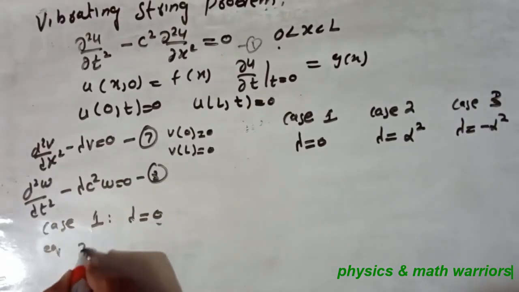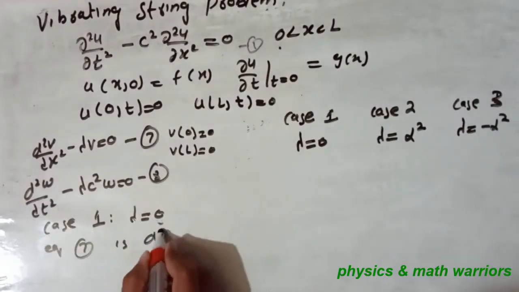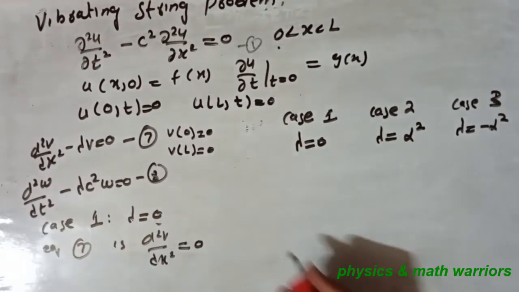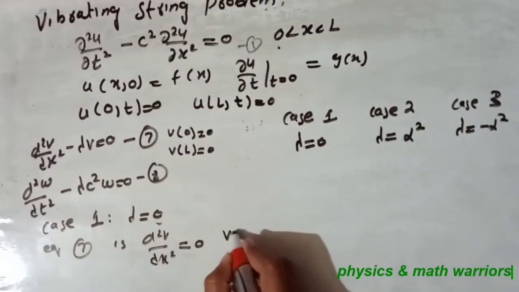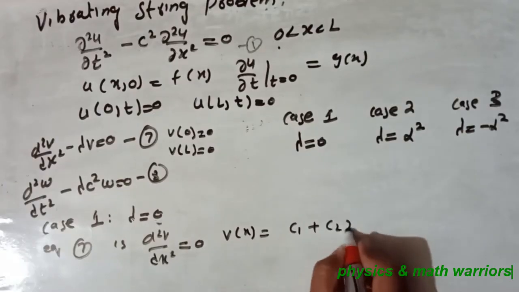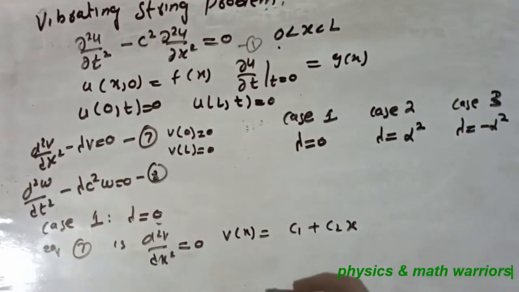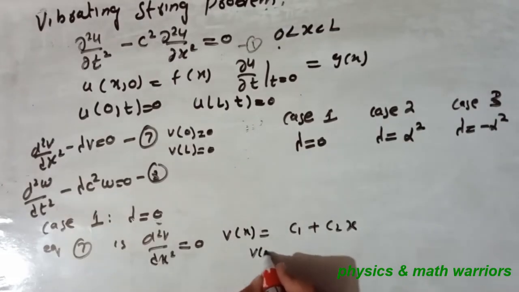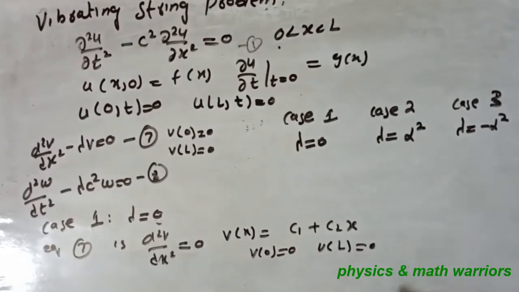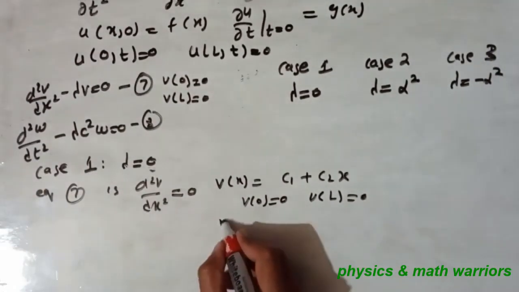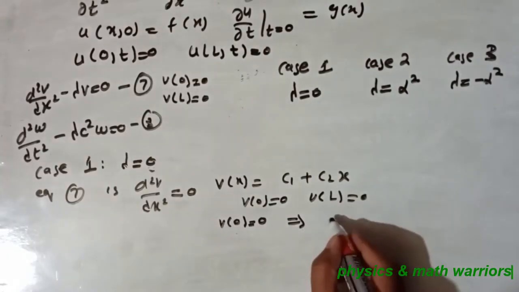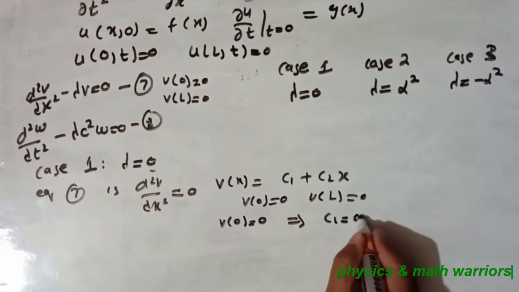Equation 7 is d square v over dx square is equal to 0, and the solution of this equation is v of x is equal to c1 plus c2x. Now we will use boundary conditions, which are v of 0 is equal to 0, v of L is equal to 0. v of 0 is equal to 0 implies c1 is equal to 0.